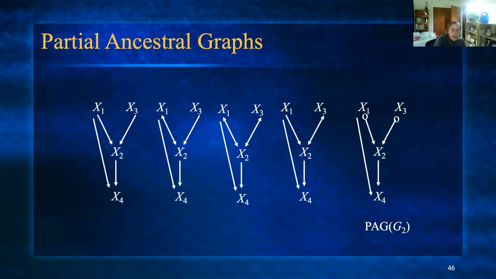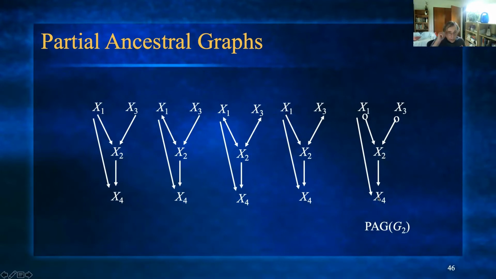So in this particular case, again, there's an interesting distinction here. In both cases, we can tell that x1 is an ancestor of x4 because there's a directed edge, and we can tell that x2 is an ancestor of x4.